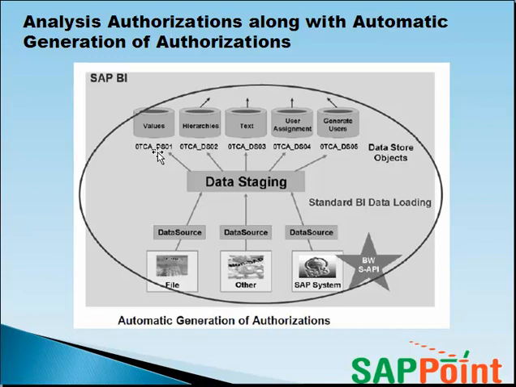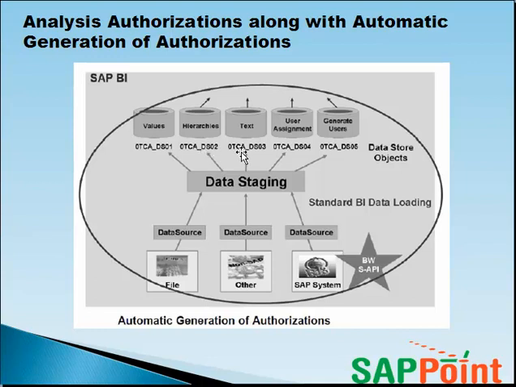So SAP delivers 5 ODS objects with BI, which contain the authorization information. For example, the ODS object 0TCA_DS01 will hold the authorization data values. Now DS02 will contain the authorization data for hierarchies.